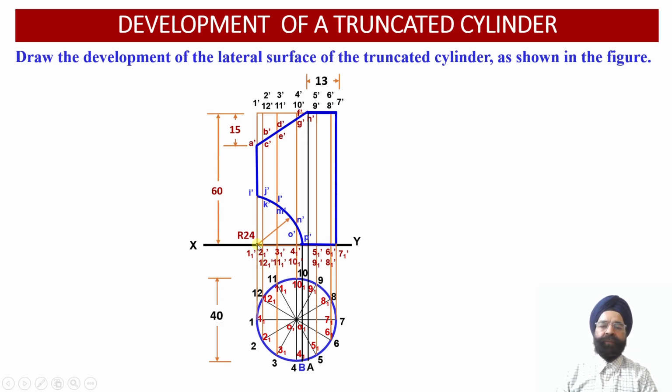From the left hand side bottom face of the cylinder, a radial cutting plane having a radius of 24 millimeter is going to section the cylinder as shown in the figure.